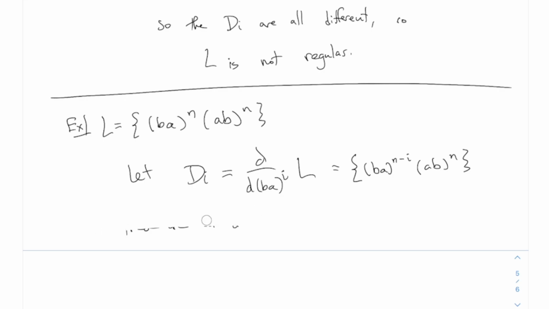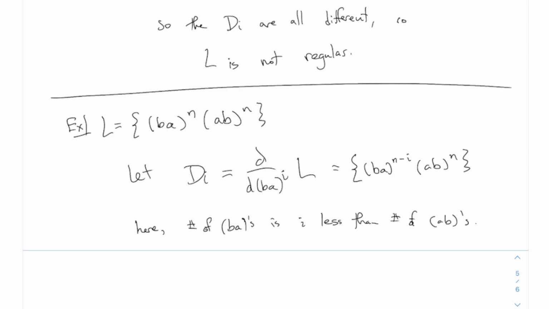Sorry, I'll try to write in the same format as I've done before. So here, the number of BAs is i less than the number of ABs, right? Because here we have a block of BAs followed by a block of ABs.